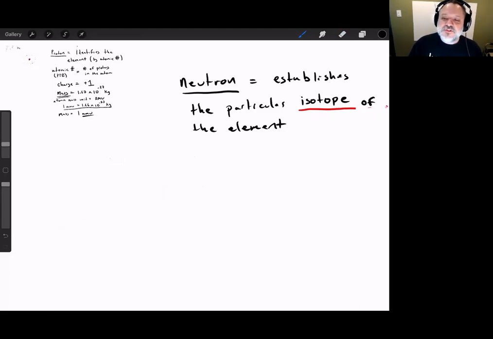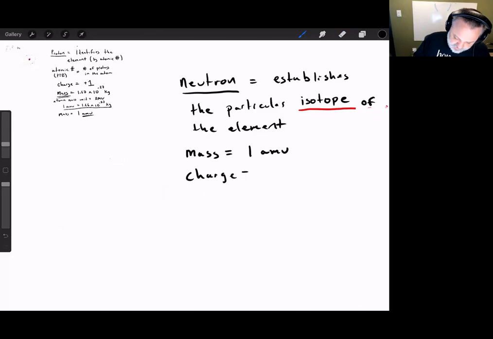The number of neutrons establishes the particular isotope of that element. And it has physical properties in mass that are similar to the proton. So it essentially is the same mass, 1 AMU, but it has no charge. It has 0 charge.